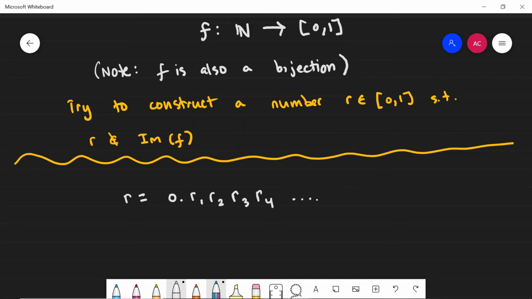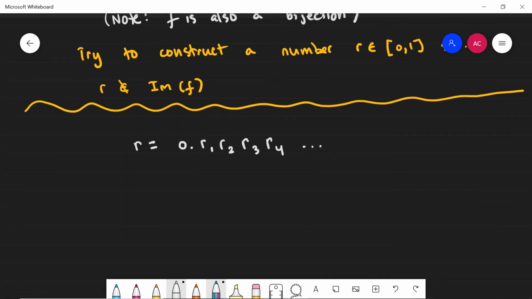So in order to specify r, I have to specify r sub j for each j bigger than or equal to 1.